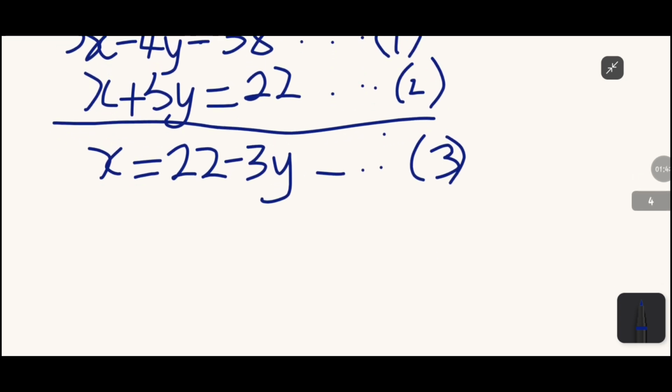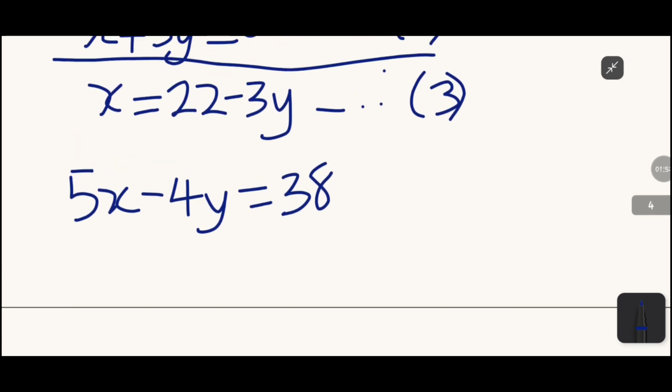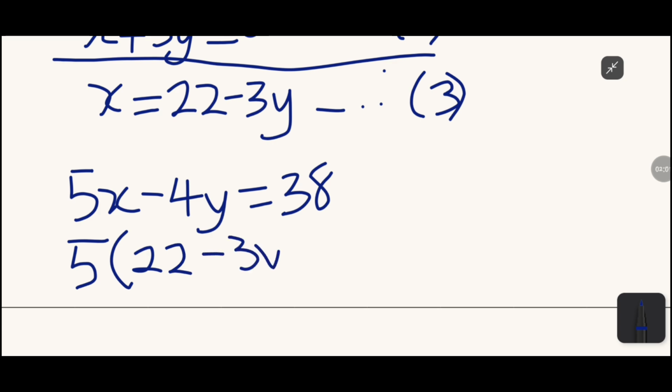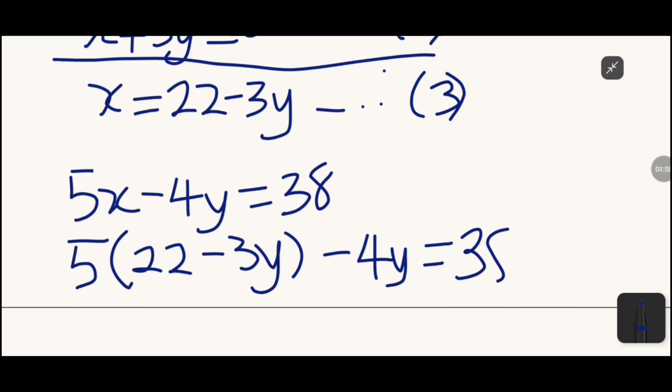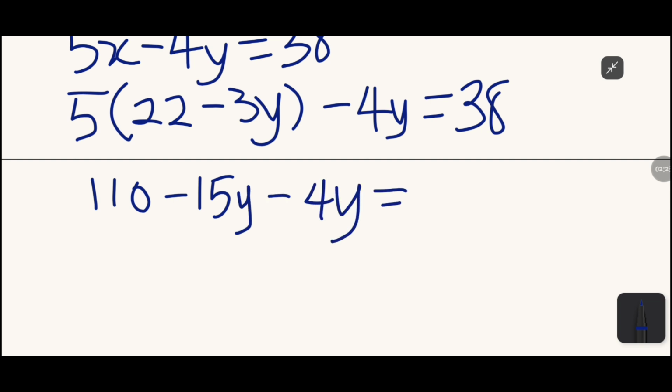So we have 5x minus 4y equal to 38 as equation 1. We are going to have 5 into 22 minus 3y, minus 4y equals 38. So 5 times 22 is 110, minus 5 times 3 is minus 15y, minus 4y equals 38.